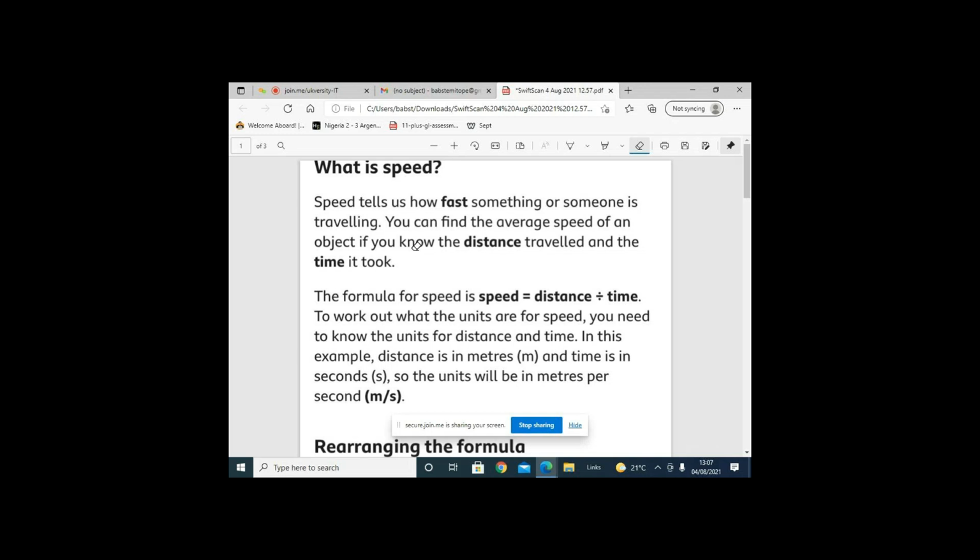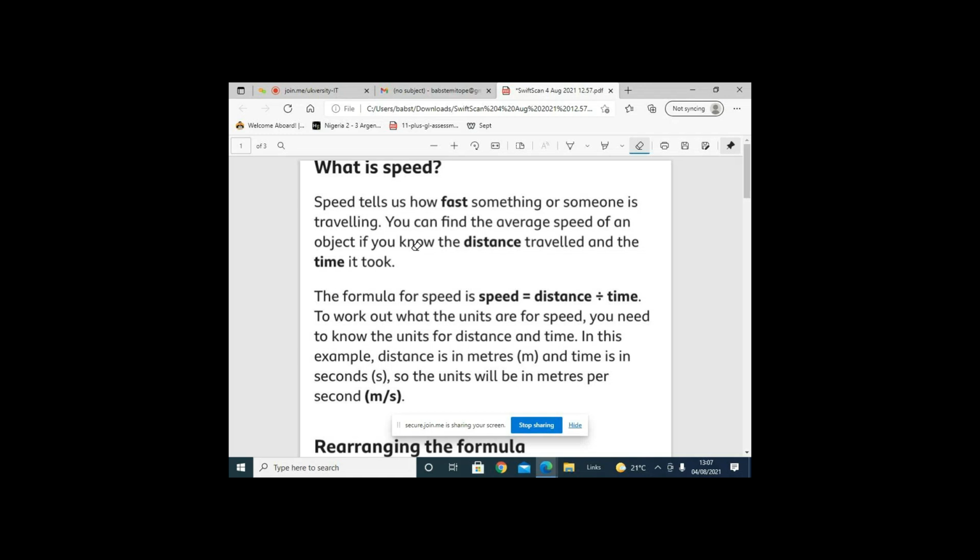Let me give you a real life example. Two athletes are to travel 100 meters. One athlete took 10 seconds to travel 100 meters, while the other took 20 seconds. So the one that traveled 100 meters in 10 seconds is faster.